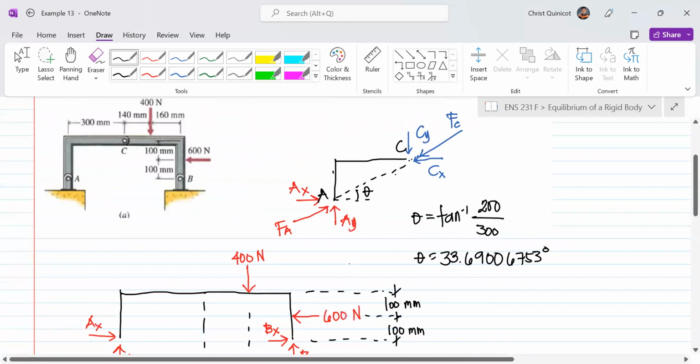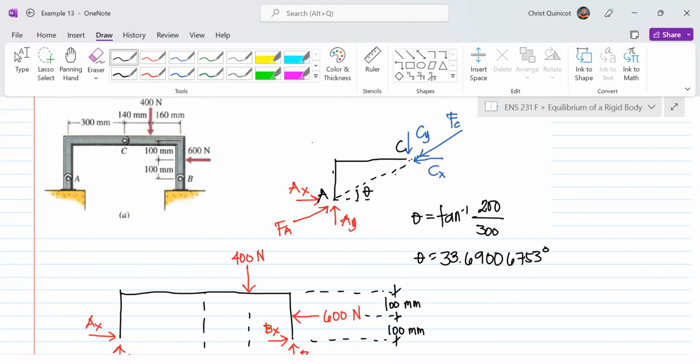Now, if we go back to our first illustration, since we have concluded that AC here is a two-force member and there is no other force being applied at our AC member, then we can use the concept we have learned in our two-force member: if we isolate that member, the forces that act at the ends must be equal in magnitude and act opposite to each other, and their line of action is the same.